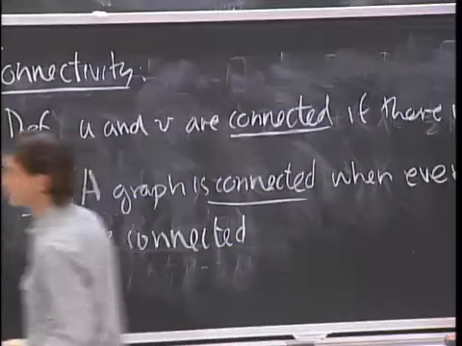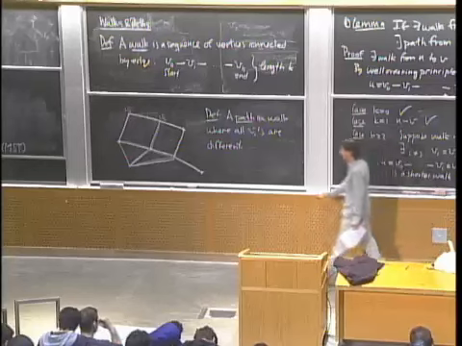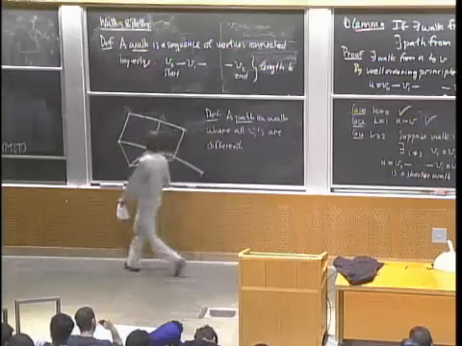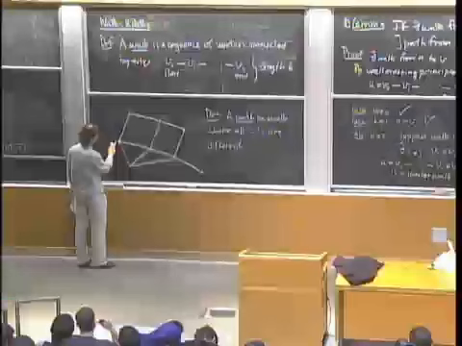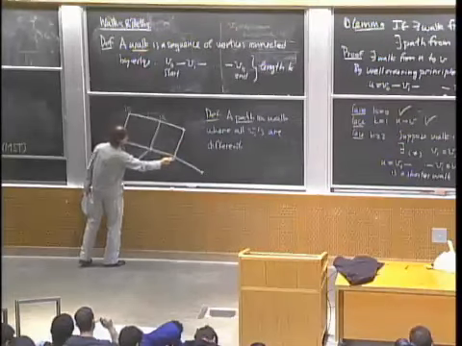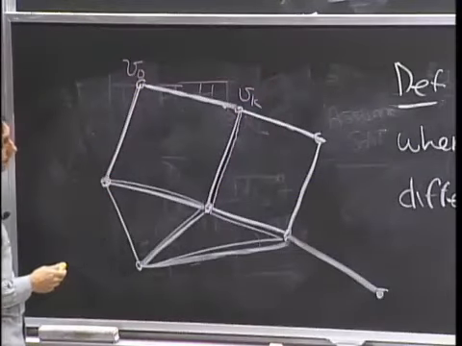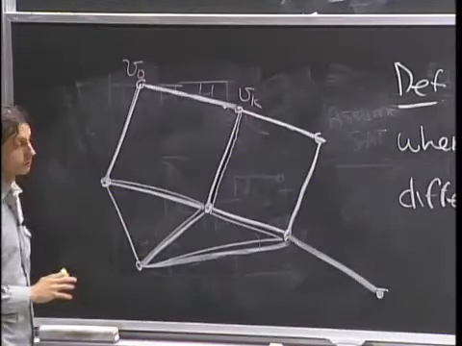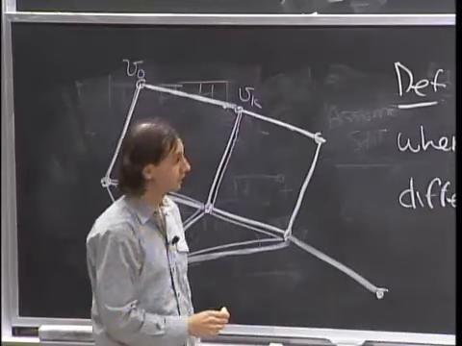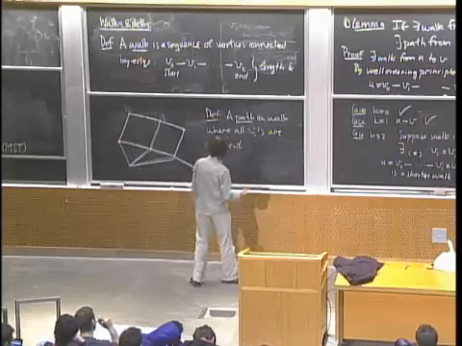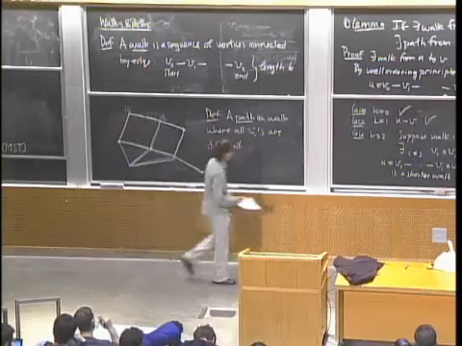An example is that particular graph on the blackboard. You can see here that there's always a path to be found from this vertex to this one or to that one, to this, to that, to this or that. You can do this for any two vertices. So this is a connected graph. A graph that is not connected looks something like this.